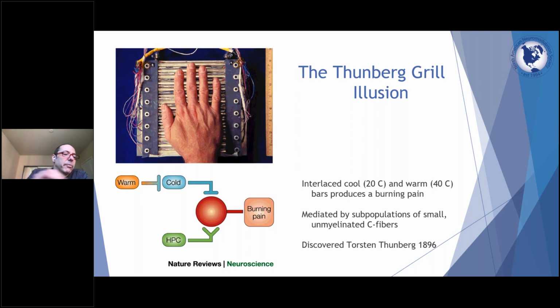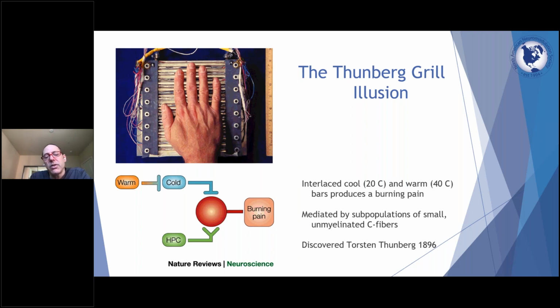And it was studied in the context of this model called the Thunberg grill illusion, which is simply what you see there. It's this device that will stimulate a part of the body simultaneously with non-painful cool and non-painful warm sensation. And when you do that, a person will report that they feel a burning pain.